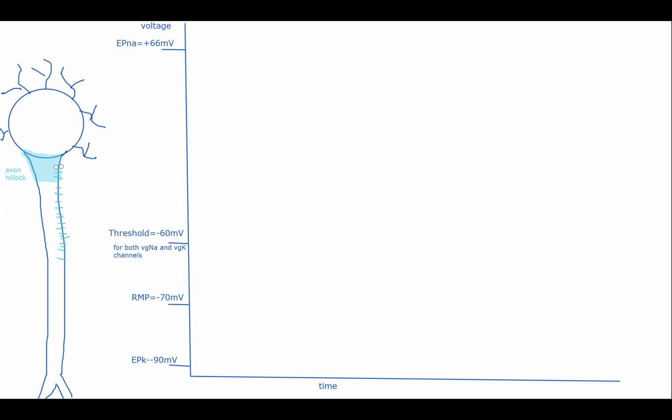And as we talked about, we know there is some place inside of this. We don't know exactly where it is, but we know there is a point inside of our axon hillock where we can produce our first action potential. And of course, we call that the trigger zone.